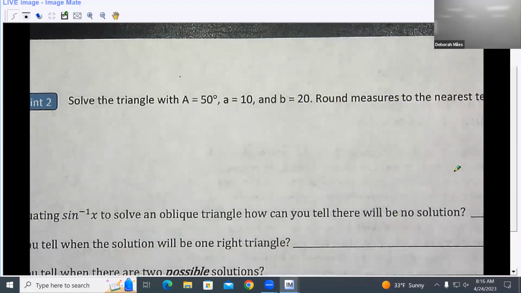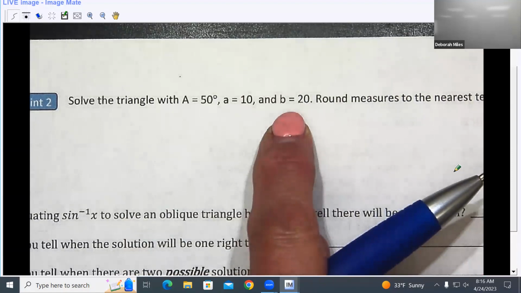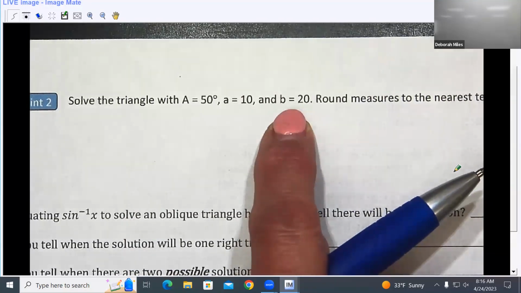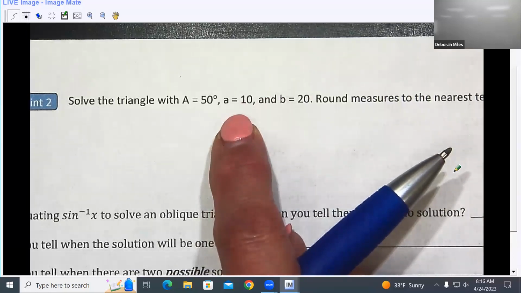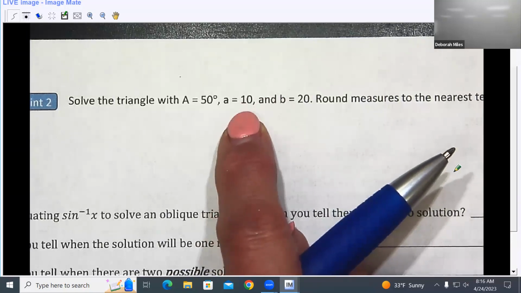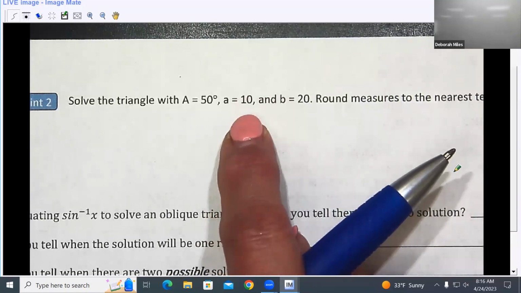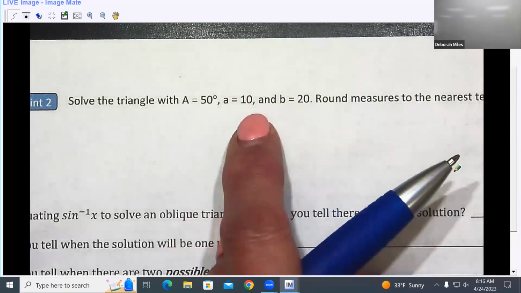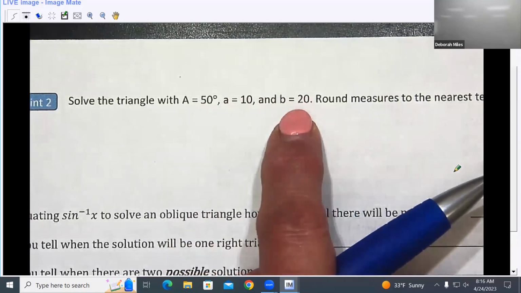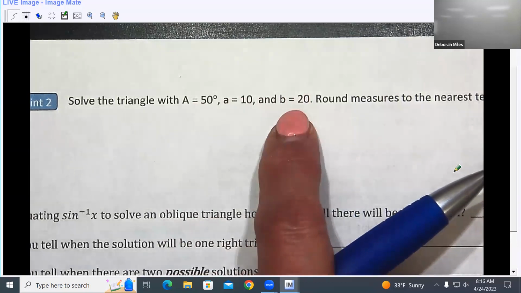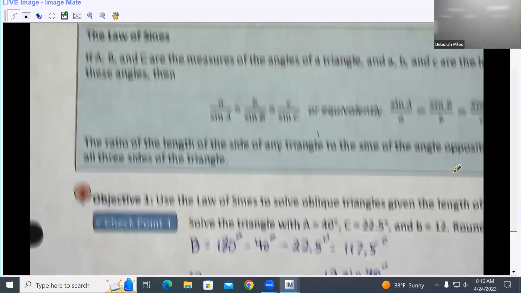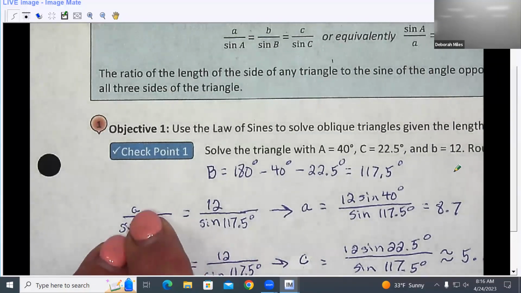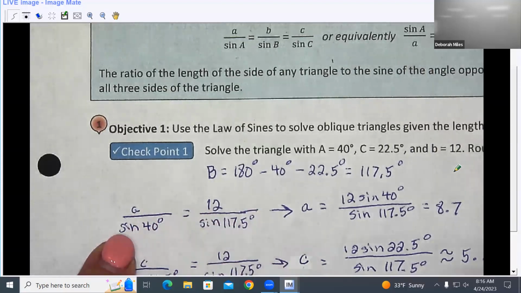So if we're given side B, what do you think we should find first? C? No, the B. Let me ask you this, Rachel, how would we find C? Right. We can't use the Pythagorean theorem to find C because this is not a right triangle. So all I can find with the information that I'm given is angle B. And I like to set up the thing that I'm looking for in the numerator like I did when I was looking for A, so that all I had to do is clear out fractions.